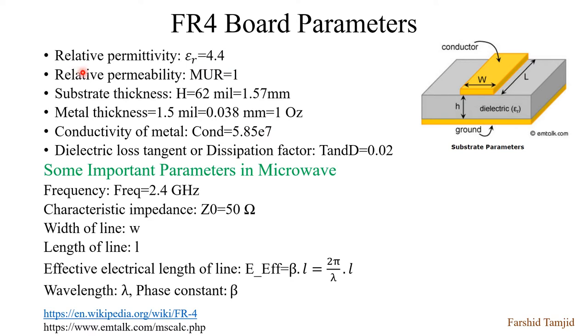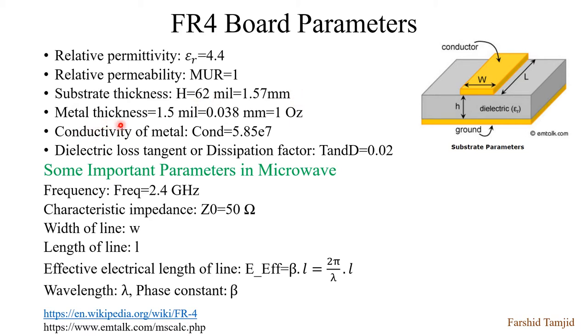Relative permittivity, or epsilon r, of FR4 is 4.4. Relative permeability of FR4 is 1. The substrate thickness has different options. 62 mil or 1.57 millimeter is the cheapest, and that is good for students.